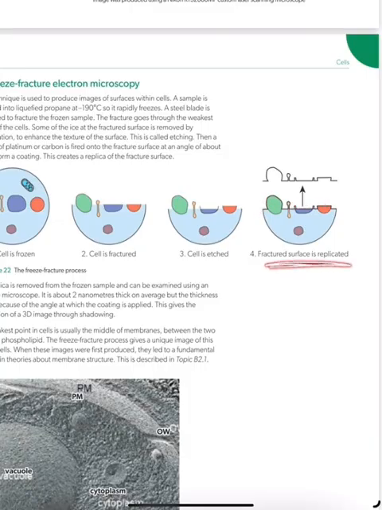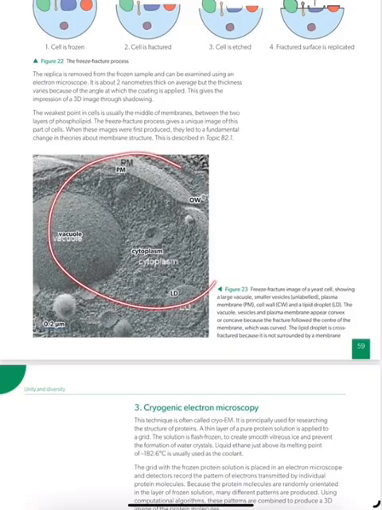It's replicated. This is an example of a freeze-fracture image of a yeast cell. And as you can see here, many different components of the cell can be seen, such as the vacuole, the cytoplasm, a lipid droplet, and the plasma membrane.